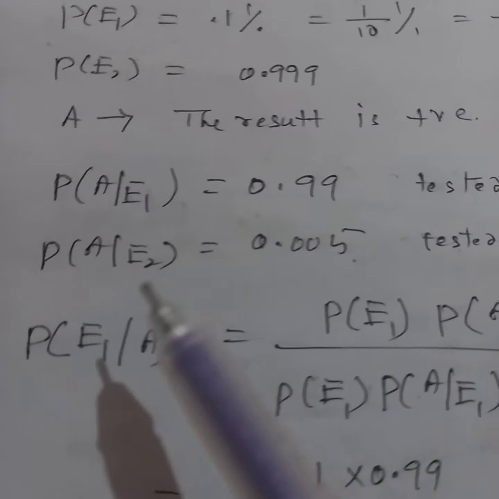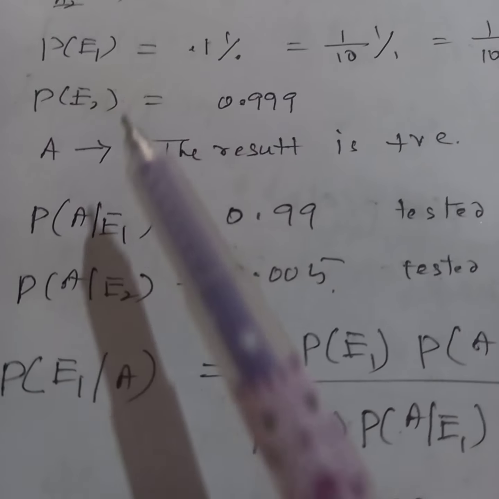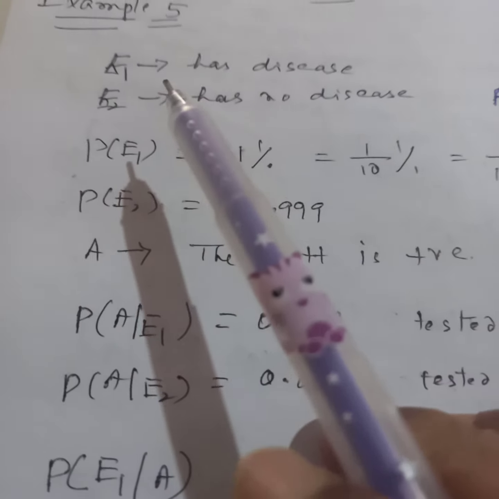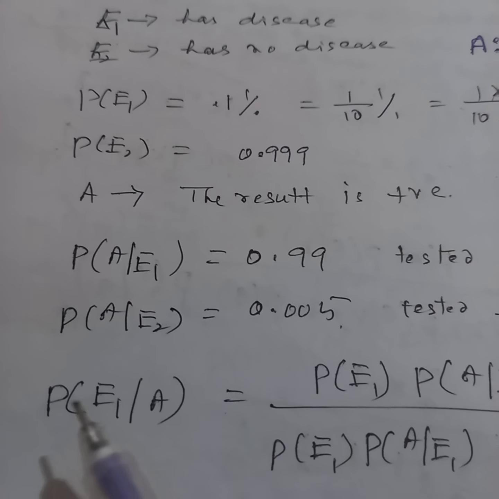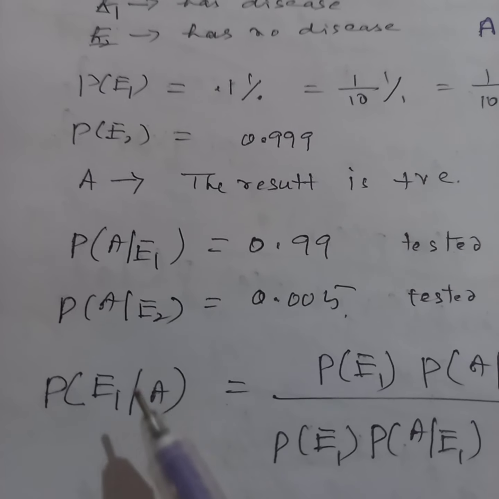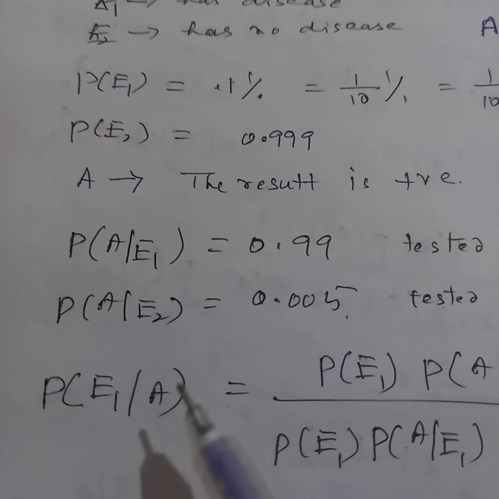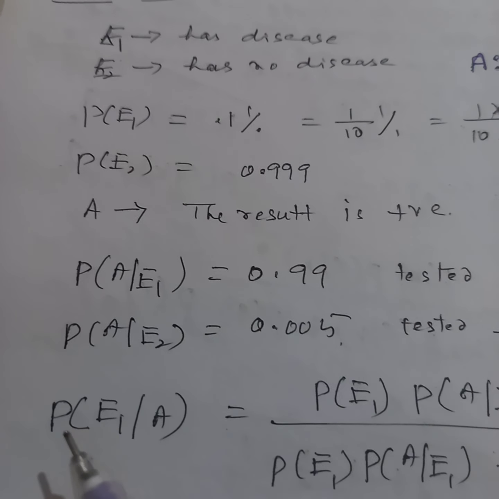See, probability that a person has disease given that he has been tested positive. Look at the problem. He has been tested positive and we want to know if he has the disease.